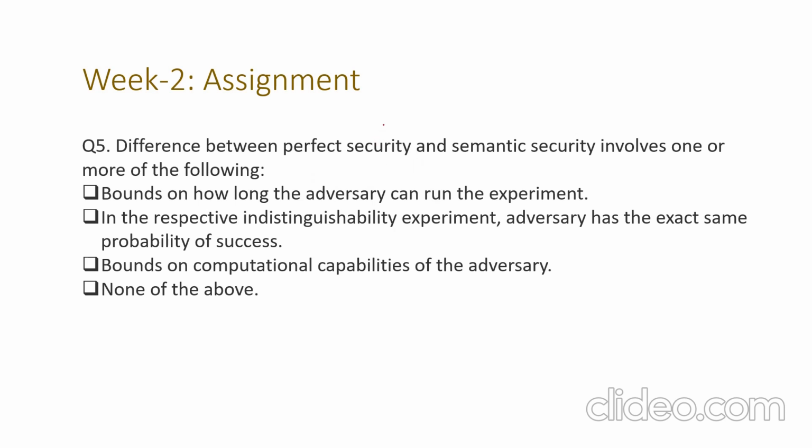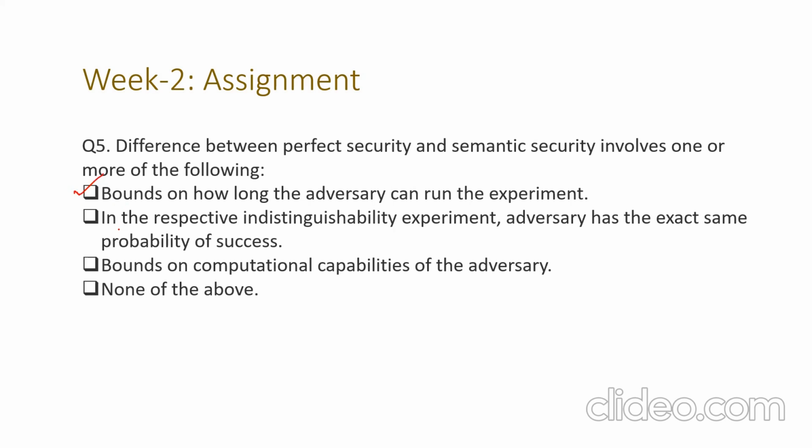It will have unbounded computational power and infinite resources. But in the semantic security case, in the computational world, we always deal with a bounded adversary whose running time is upper bounded by some polynomial function, and also it has finite resources. So how long the adversary can run the experiment differs between these two cases.